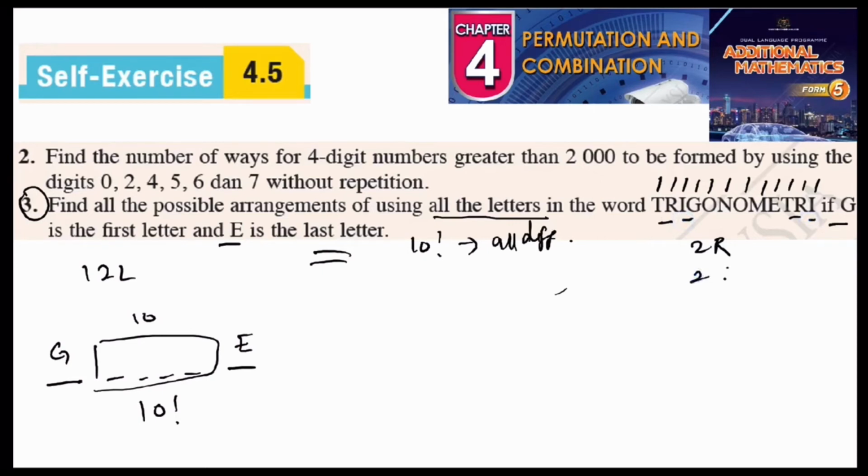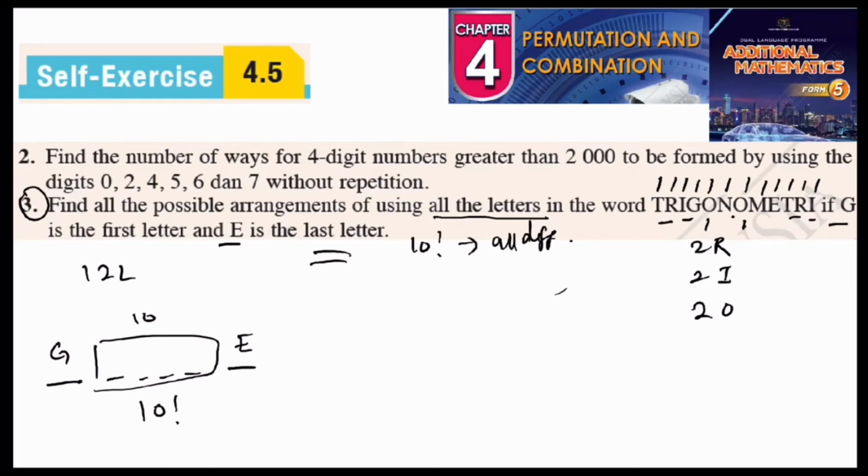So these 2 are identical objects. We also have 2 I, right? And O is also repeating, we have 2 O, right? So so far we have R, I, O, and also T.